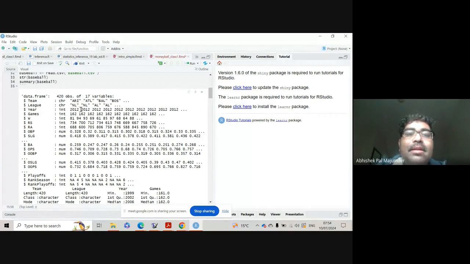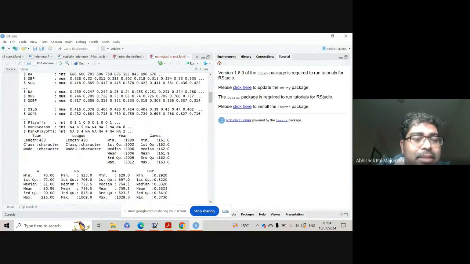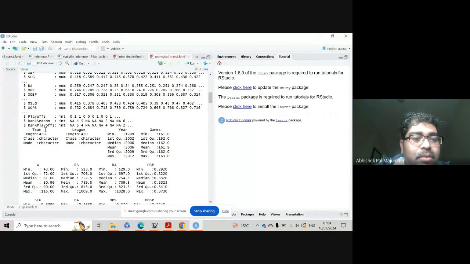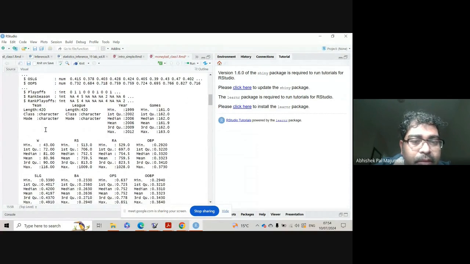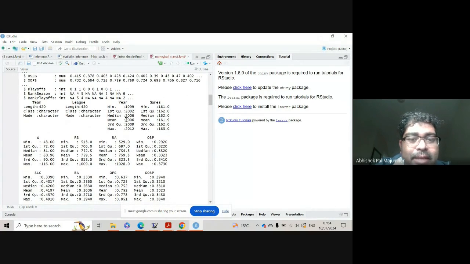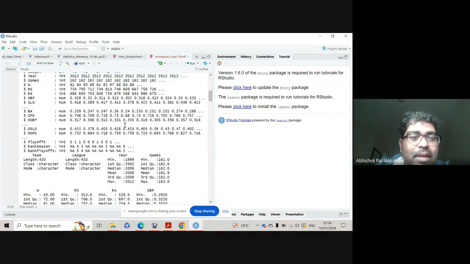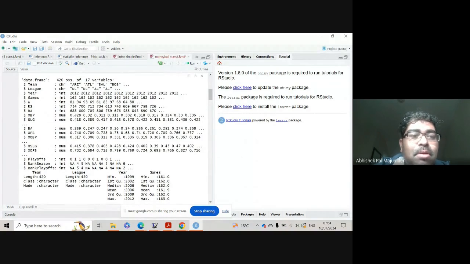We have the data from year 1999 to 2012, so lots of years of data for each team. Then the total number of games is this quantity, and the total number of wins is W.